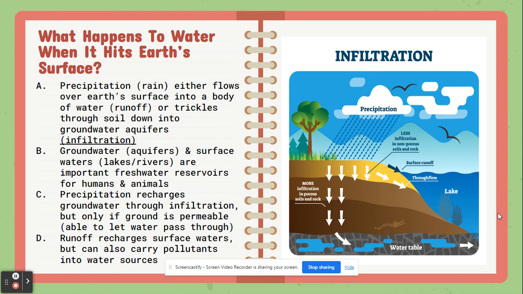It can wind up along the surface in oceans, lakes, ponds, and streams, but it can also trickle down into the soil through infiltration and be trapped underground in what's known as a groundwater aquifer. So that precipitation can recharge groundwater through any permeable surface, like soil that allows water to travel through. Runoff can also recharge other surface waters. But the issue is that as that water hits Earth's surface and travels into a river, stream, or lake, it may carry pollutants and other things found on Earth's surface into that waterway.